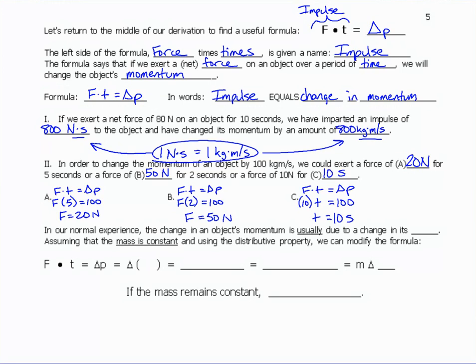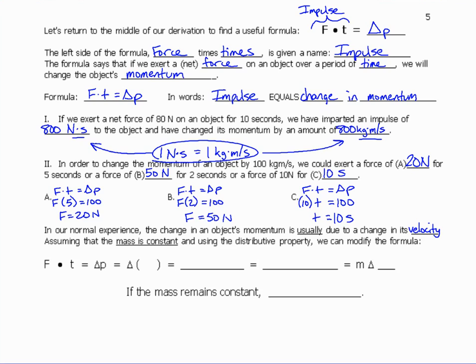In our normal experience, the change in an object's momentum is usually due to a change in its velocity. It's usually not going to change the mass. It's difficult to change the mass of a spaceship. It's difficult to change the mass of a car.